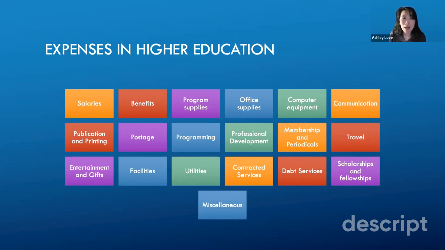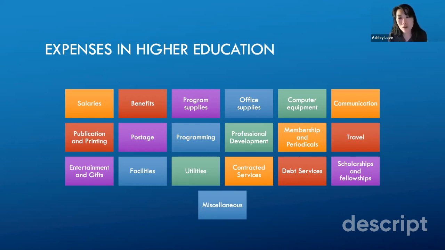So there may be holiday gifts or something for the expenses. Facilities, remember heat, air conditioning, water, whatever. There's a lot of funding, taxes for property, utilities, and then contracted services, debt services as well, because some of the buildings are not all paid off.